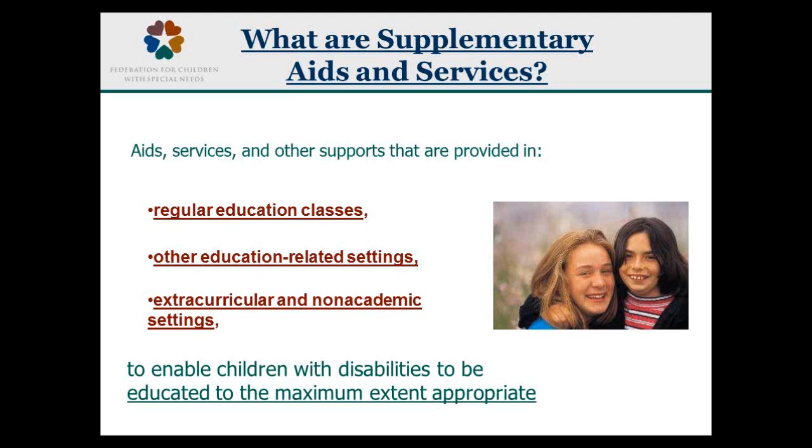Okay, so now we're talking about specialized instruction. Okay, and it's a special education teacher, a special educator, who is responsible for modifying the curriculum, okay, and designing specialized instruction. And we talked about this in the last webinar, that content means changing what is actually being taught.